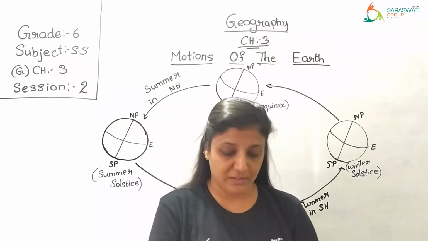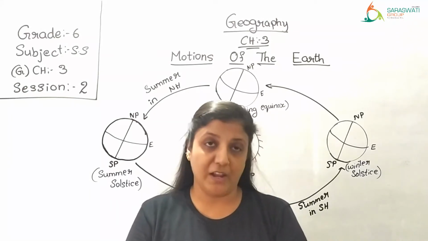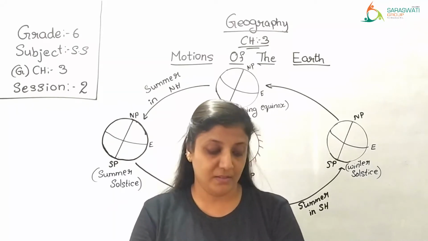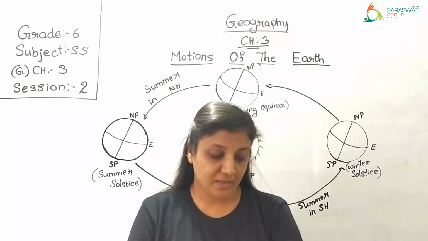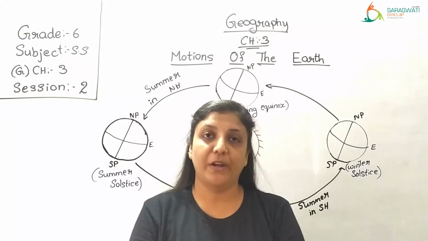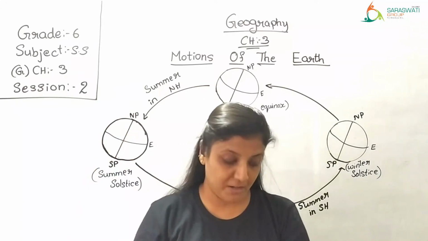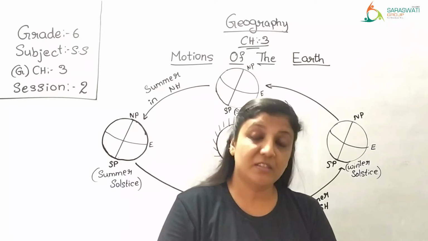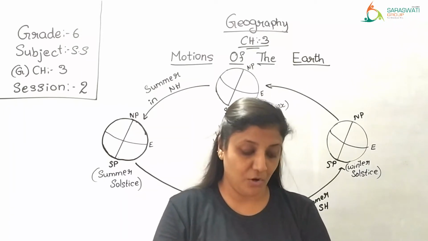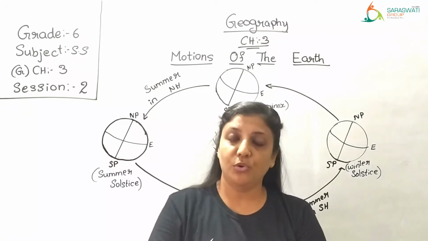Rotation also causes the occurrence of day and night, the rise of the sun in the east and its setting in the west, then deflection of the wind, that is the speed of the wind, sometimes it increases, sometimes it decreases. Then the occurrence of tides, high tides and low tides, twice in a day in the oceans and the sea.